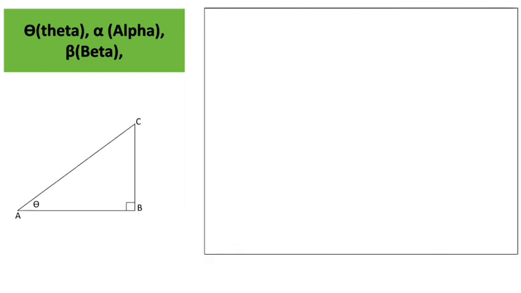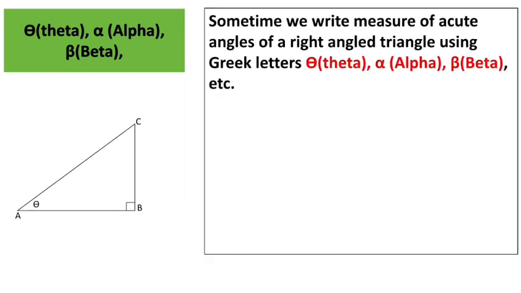Children, theta, alpha and beta. Sometimes we write the measure of an acute angle of a right angle triangle using the Greek letters theta, alpha, beta, etc. So in the adjacent figure of triangle ABC, angles A and C are acute angles, angle B is 90 degrees.